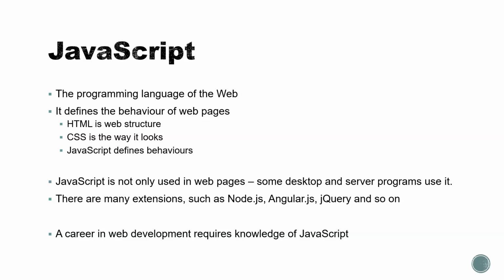Ultimately, you need to cover languages that are the most common, such as JavaScript. There are extensions such as Node.js, Angular.js, jQuery, and so on. All of this stuff is extremely useful to learn, but ultimately JavaScript is the backbone for all of those, and that's where you would start off.